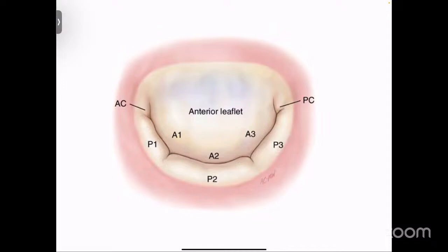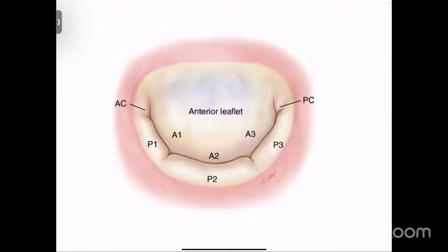The posterior leaflet has 3 scallops generally, termed P1, 2, and 3, to facilitate valve analysis and to allow the leaflet to fully open during diastole. And by convention, the corresponding areas of the anterior leaflets are called A1, 2, and 3. You can also appreciate the appearance of the 2 commissures, the anterior and the posterior commissure.